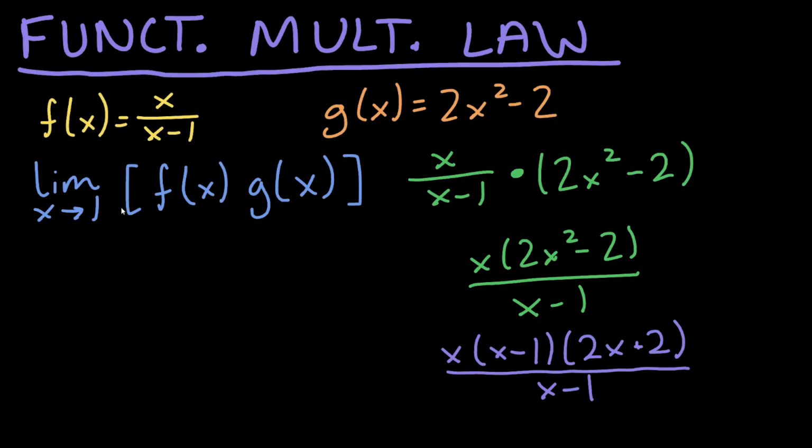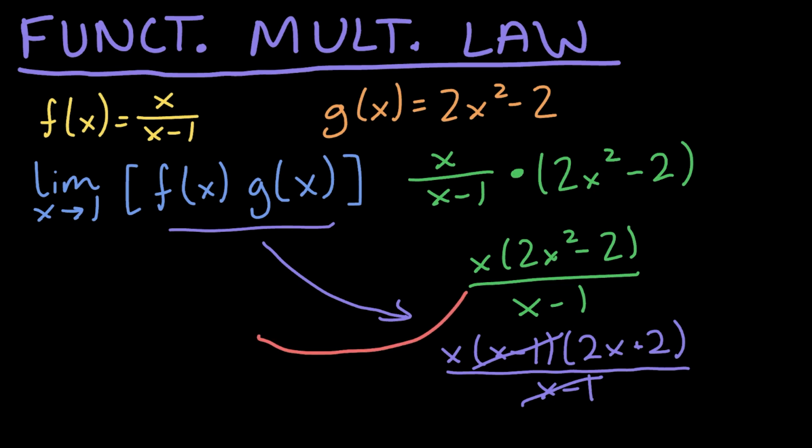Now hopefully you see why I think multiplying it out first is a little easier. By multiplying first, we opened up the opportunity so that these factors can cancel out. So no longer does our function have x minus 1 over x minus 1. The real function that we're dealing with is x times 2x plus 2, or 2x squared plus 2x.